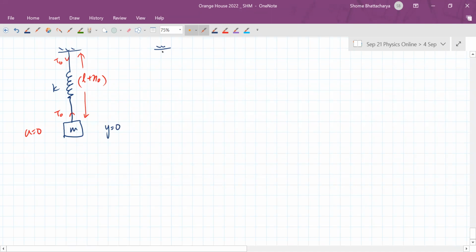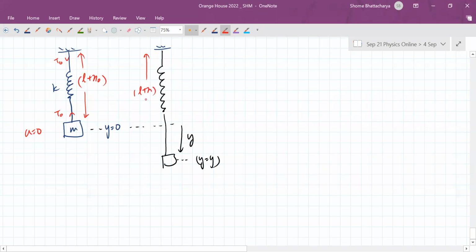Okay. And from here, if we give the block a downward displacement of y, okay, then we will see that the spring's extension now changes and it has an upward acceleration.